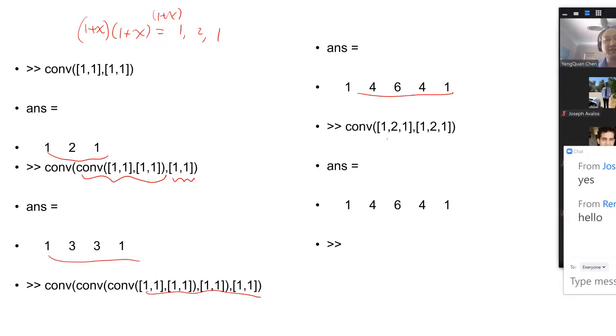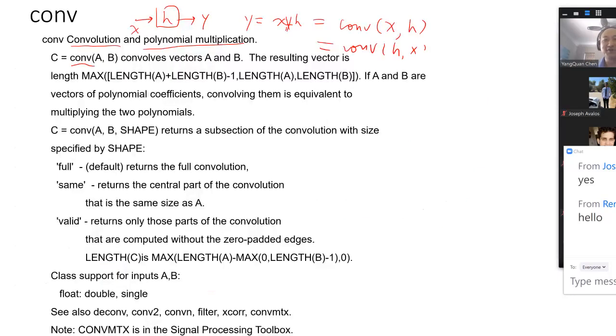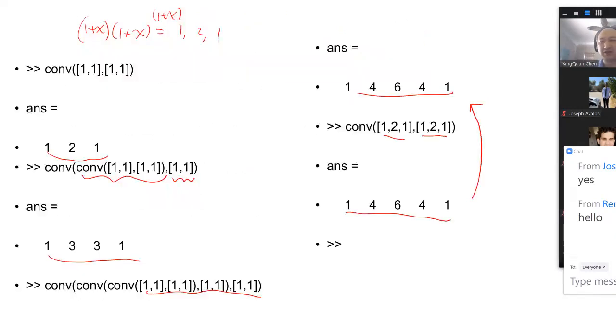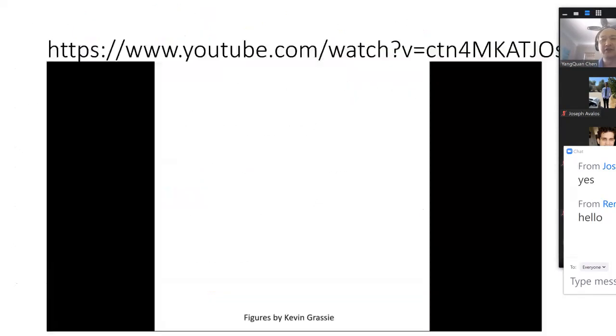This is also the same if you do 1, 2, 1 as an array and 1, 2, 1 as another array: 1, 4, 6, 4, 1. So this verifies that we can do polynomial multiplication. If you have 2 polynomials, you want to multiply them and know the coefficients, you should use the convolution of the coefficients, that's discrete convolution.